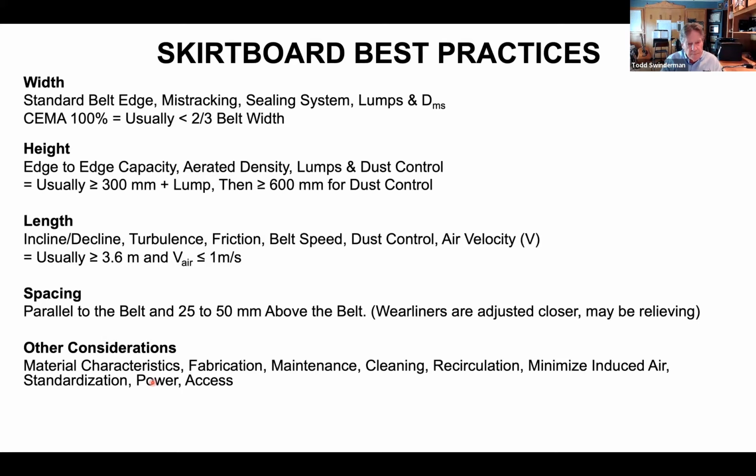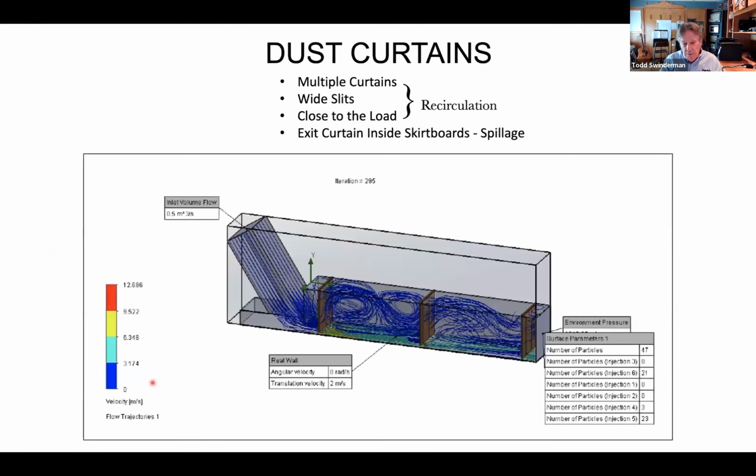So this is some of the research I've been doing on the length and the height for dust control. This is a printout from a SolidWorks CFD program. What I do is I inject a number of dust particles of different diameters from 100 microns down to 1 micron.